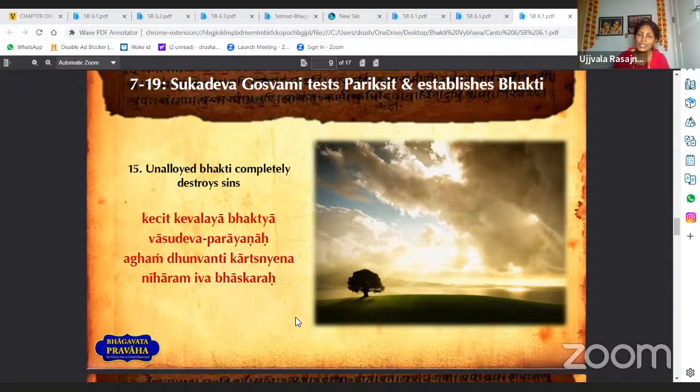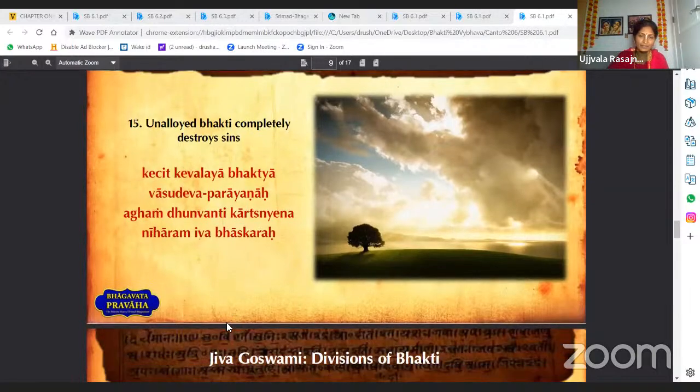As the fog is completely dissipated and destroyed by the rising sun, all the sins are completely destroyed, completely with the roots. Unlike jnana, they are destroyed with the roots when one takes up the process of Kevalaya Bhaktya of Vasudeva. Parikshit Maharaj was very happy with this answer.